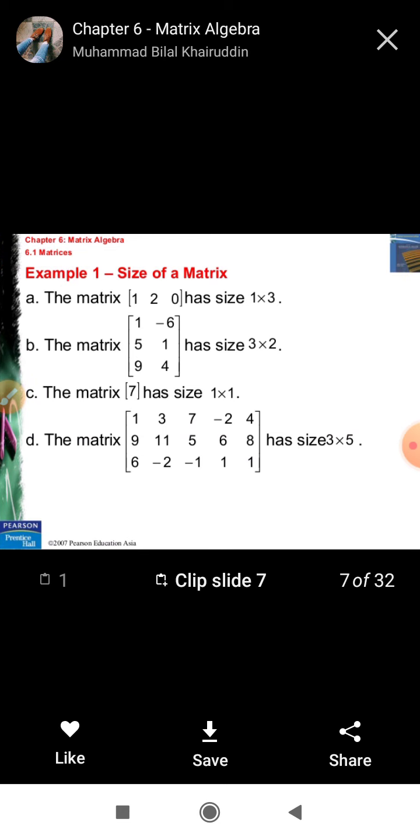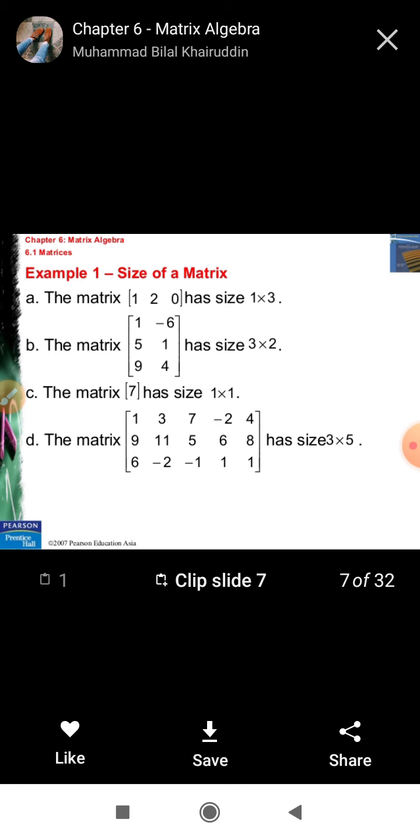Now, order and size of a matrix. The given matrix here, 1 2 0, has only one row, so its size is 1 into 3. Vertically, 1, 2 and 0 are the columns.